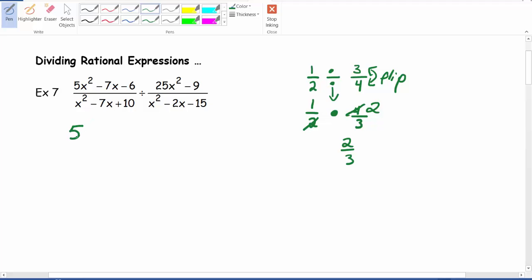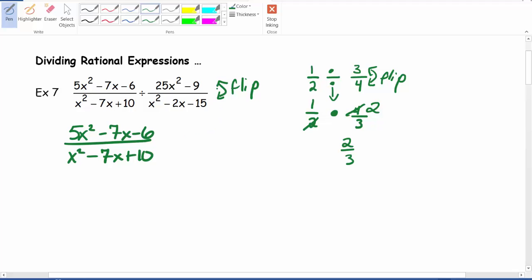So we'll keep this first rational just the way it is. And then the bottom is x squared minus 7x plus 10. Now the second one, just like we saw with our analogy, we're going to go ahead and flip it, because we have a rational expression divided by another rational expression.